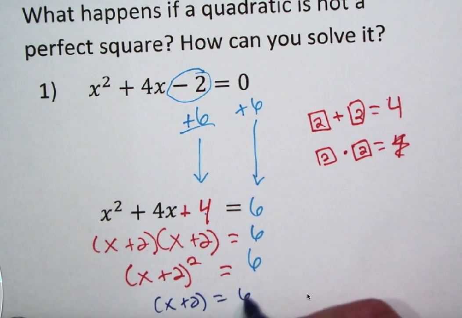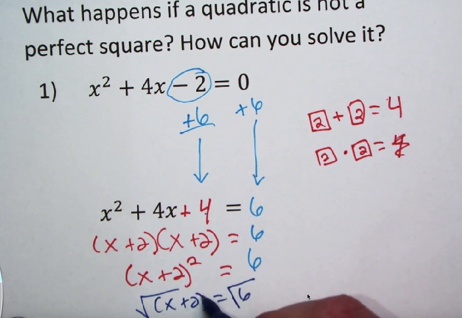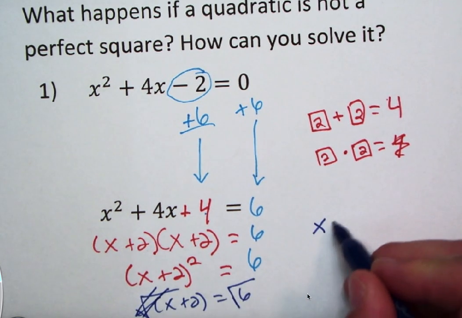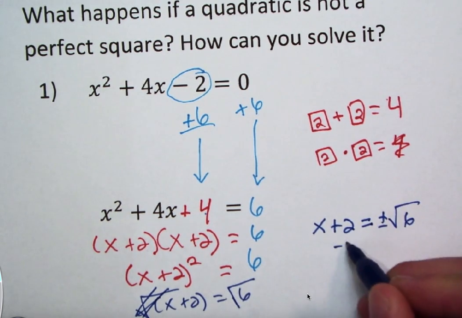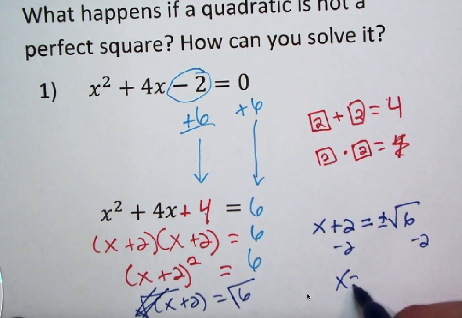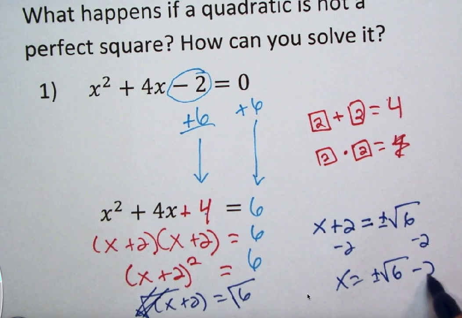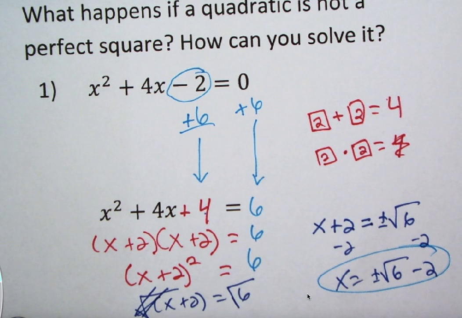So we'll just take the square root of both sides. Then we get x plus 2 equals positive or negative square root of 6. And then we have our answer. Okay, we completed the square, and that's method 3, where we try to make a perfect square trinomial by doing something to both sides of an equation.